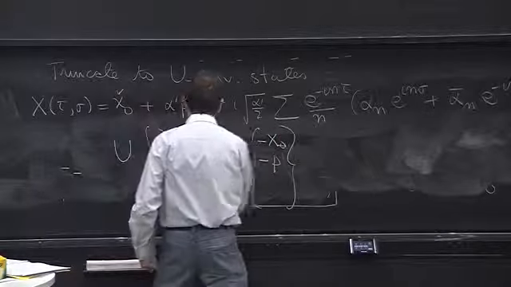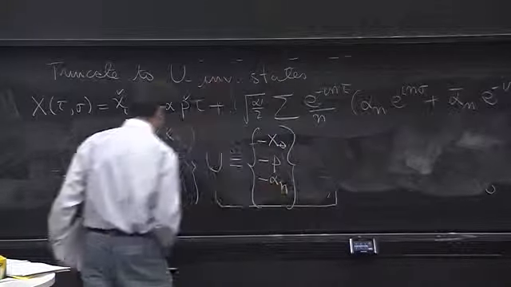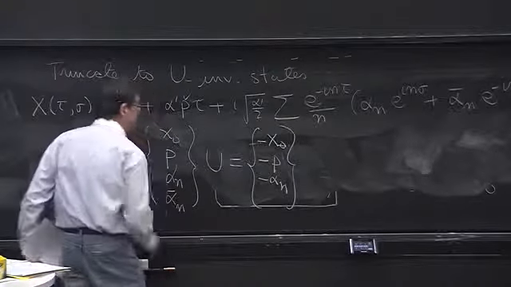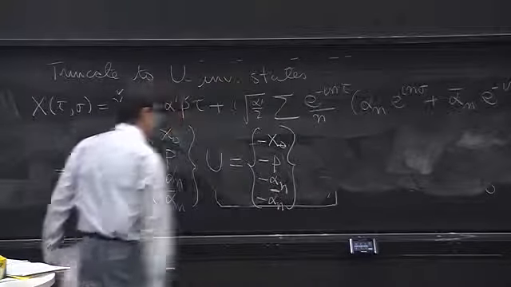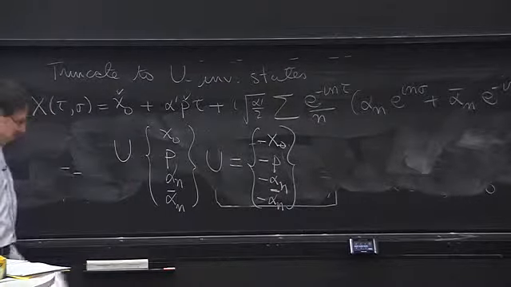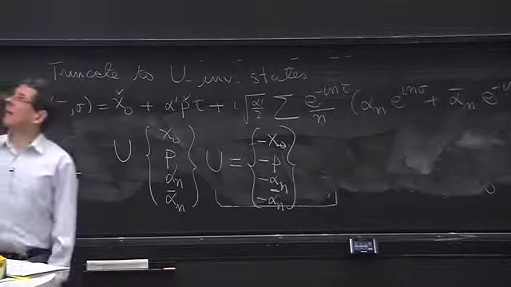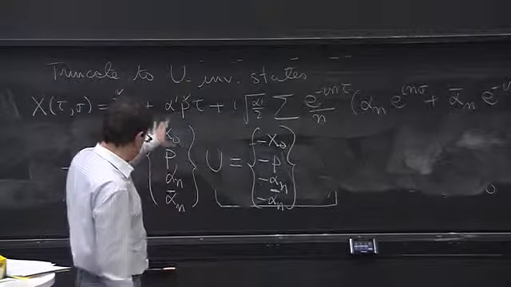Acting on alpha n has to give you minus alpha n. And acting on alpha n bar is going to give you minus alpha n bar.